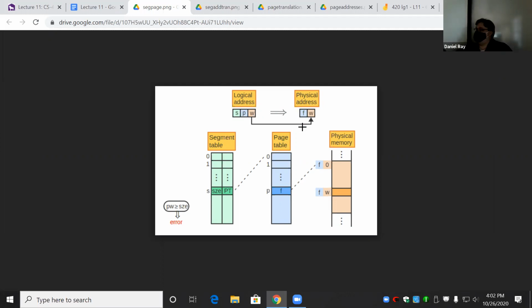I'm going to pair those numbers together in that table. Okay? So if you're looking for SP, I'm going to tell you it's over here in F.